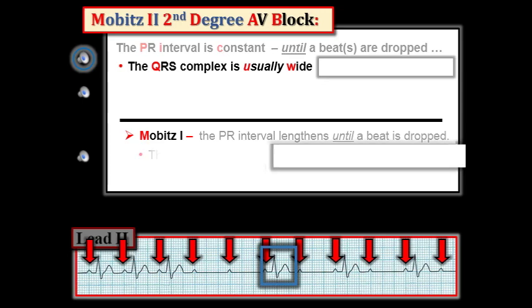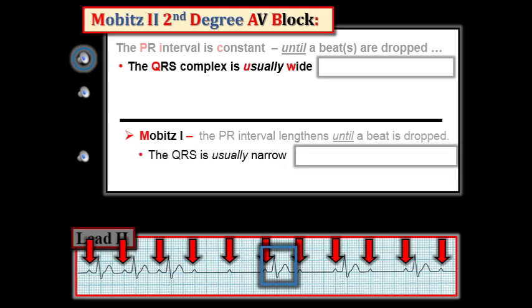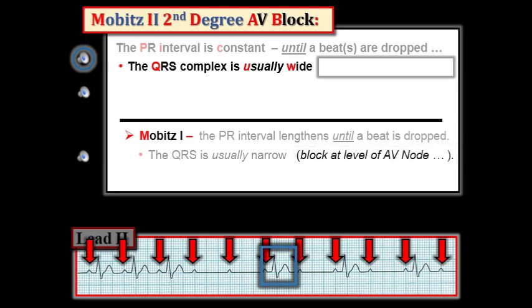This is in contrast to Mobitz I, for which the QRS complex is most often narrow unless there is pre-existing bundle branch block. This is because the block with Mobitz I generally occurs at a higher level in the conduction system, usually around the AV node, whereas with Mobitz II, the block occurs lower down, so the QRS complex will almost always be wide.